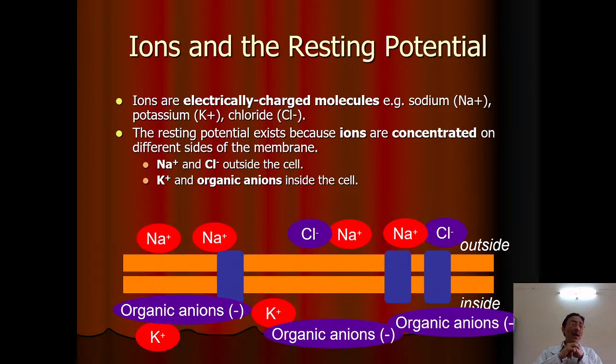Now let us see how this resting membrane potential of minus 70 millivolts is developed across the membrane. To understand this, we first have to understand that the membrane is permeable to most of the ions: sodium ions, chloride ions, potassium ions, and bicarbonate ions. The permeability of this membrane is different at different times.